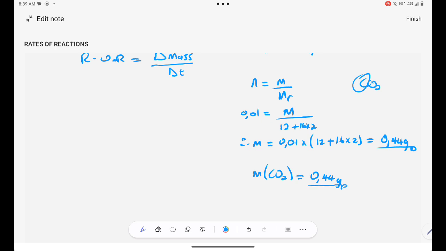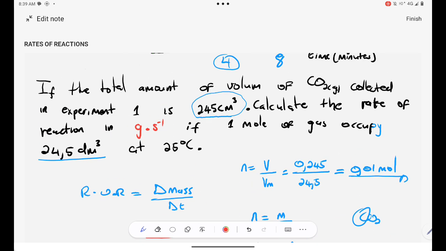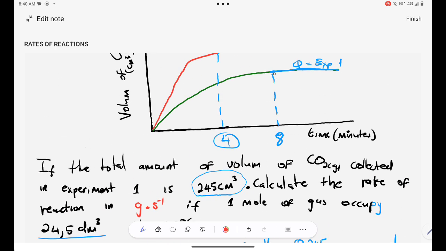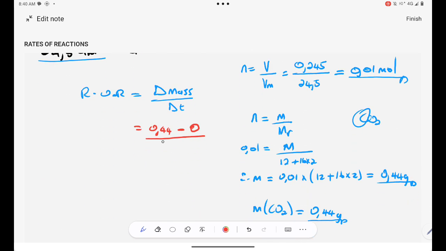Are you together? So for me to calculate the rate of reaction, the change in mass is equal to the final mass, which is 0.44, that we find after completion. But initially, there was no carbon dioxide in our reaction, so we simply had 0, divided by the amount of time. It took 8 minutes for us to fully form this carbon dioxide because the reaction reached completion after 8 minutes. Remember that, so we must just convert the 8 minutes into seconds.